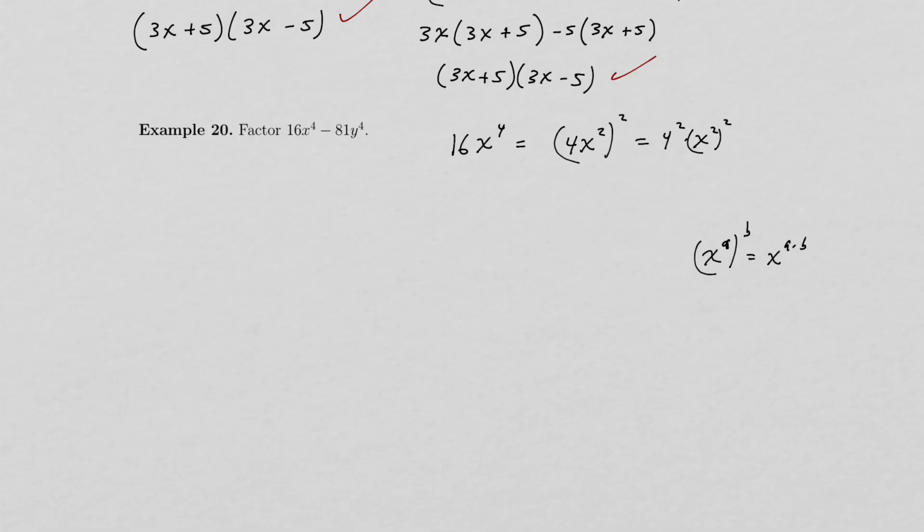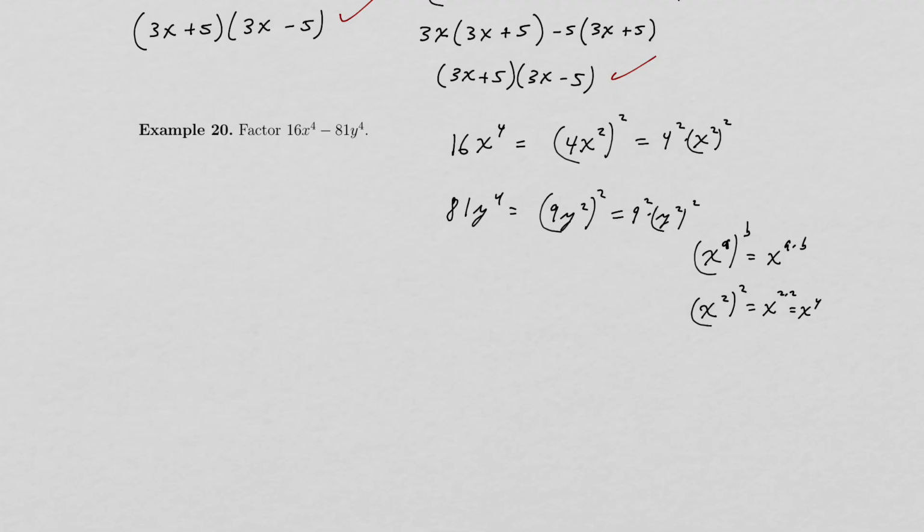So x squared squared would be x to the 2 times 2, which is x to the 4th. Okay, you have to remember some of those rules of exponents. And then 81y to the 4th can be written as 9y squared squared, because that will be 9 squared, that's your 81, and then y squared squared would be y to the 4th.